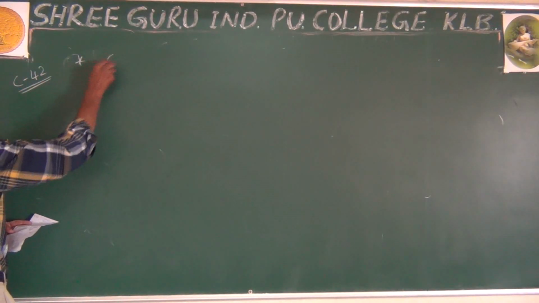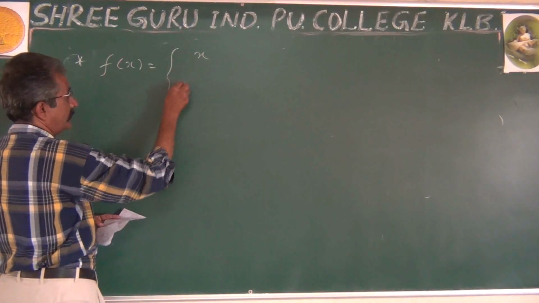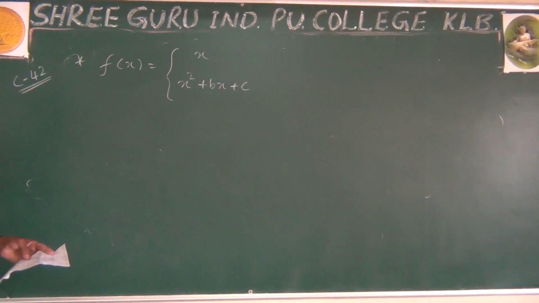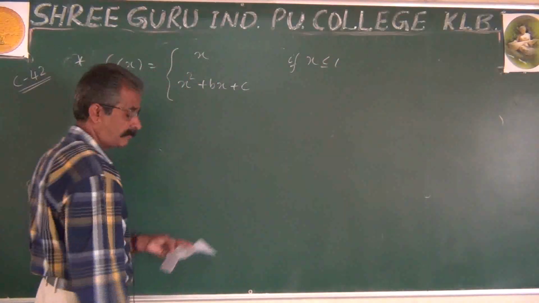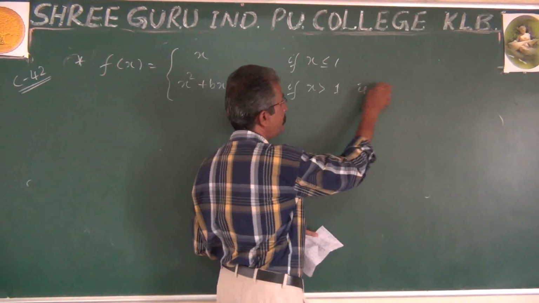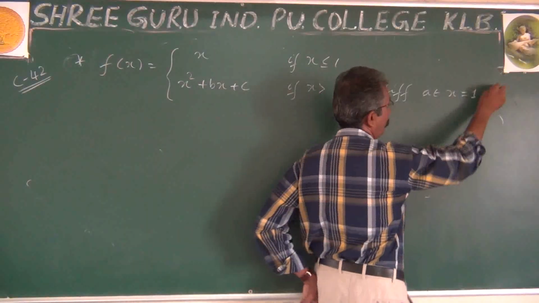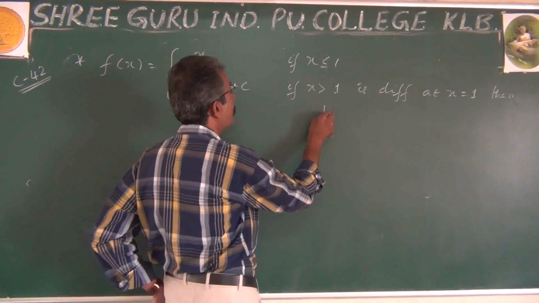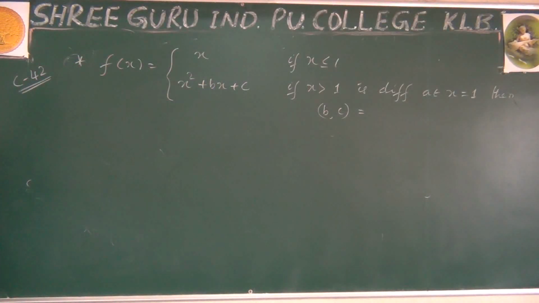If the function f of x equals x square plus bx plus c, if x is less than or equal to 1, and x square plus bx plus c, if x is greater than 1, is differentiable at x equal to 1, then b comma c equals to, means what is the combination of b and c?